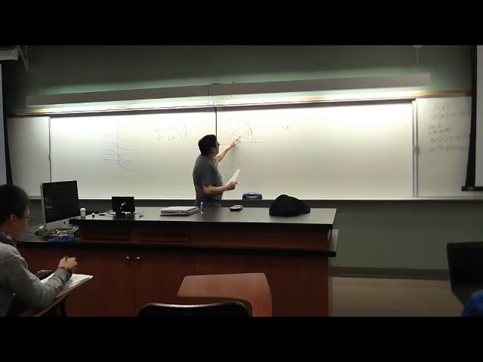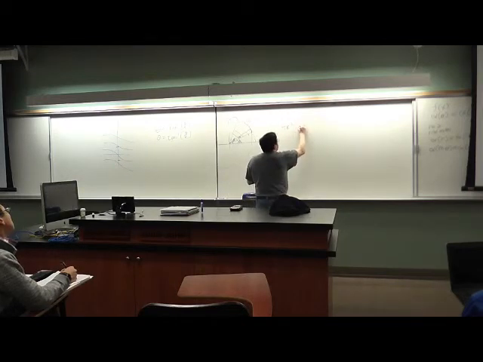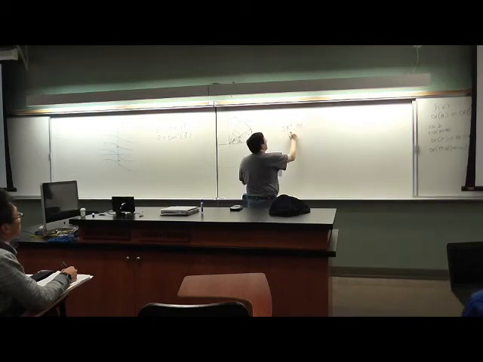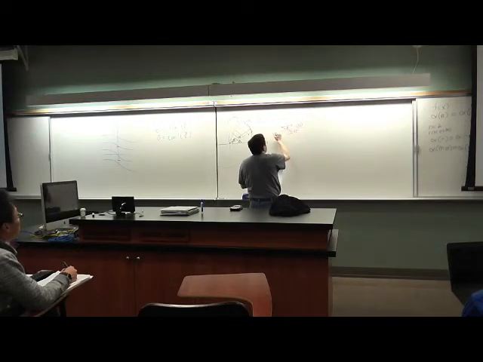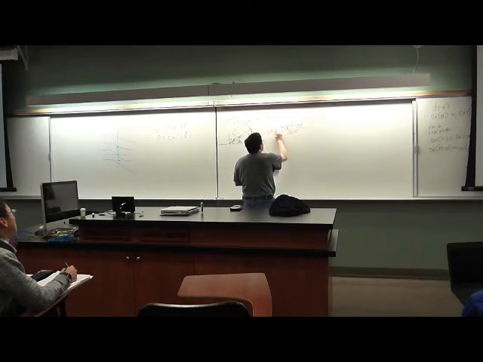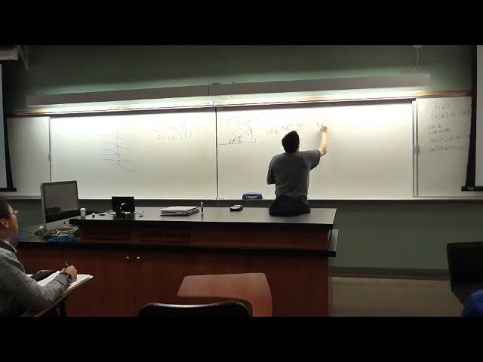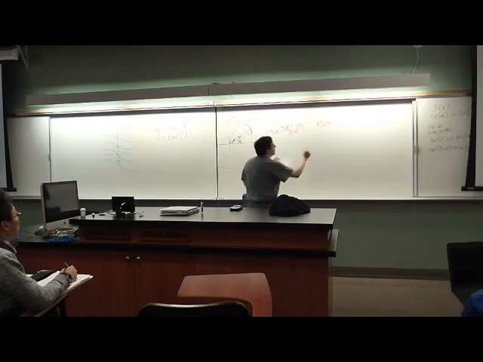But this is only delta theta of that circle. So that would be delta theta over 2 pi. So simplifying, we have that the delta area is approximately equal to r squared delta theta over 2.